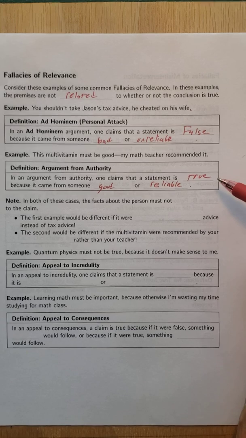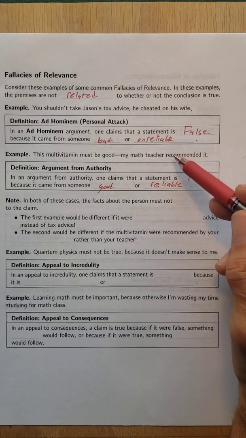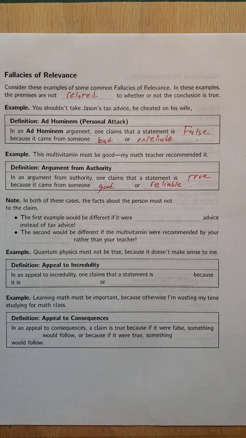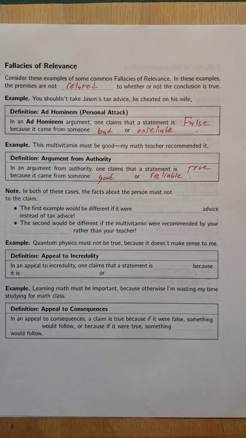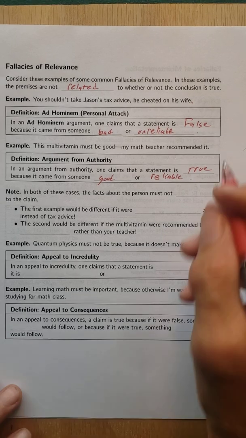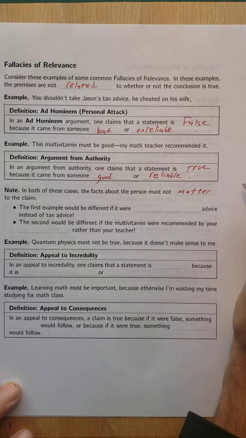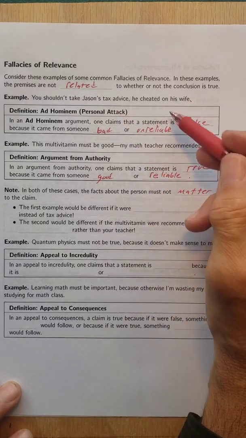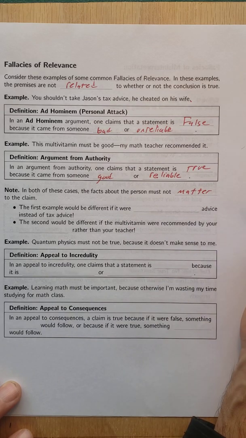We're saying the statement is true just because it comes from somebody who we deem to be good or reliable. In both cases, the facts about this person must not matter to the claim. It doesn't matter who these people are or what they've done. The claim doesn't match up.